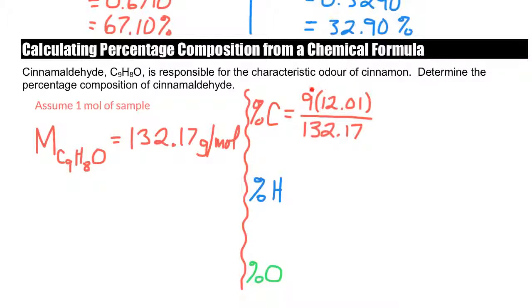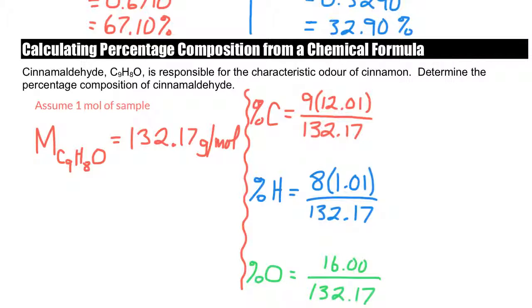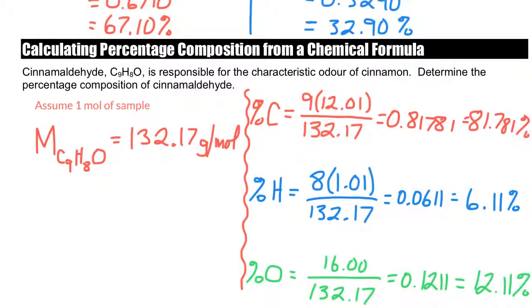So I'm multiplying the molar mass of carbon by 9, and that will give me the total mass of carbon in this sample. And I'll do the same thing for hydrogen and oxygen. So I can do my math and get my final answer. I would say in cinnamaldehyde, it's 81.781% carbon, it's 6.11% hydrogen, and 12.11% oxygen.